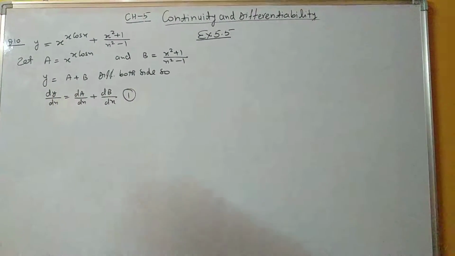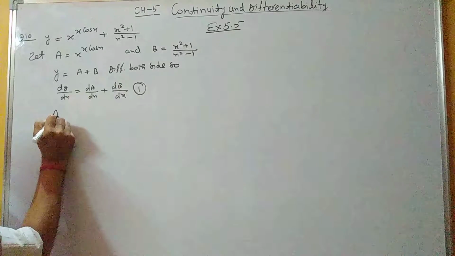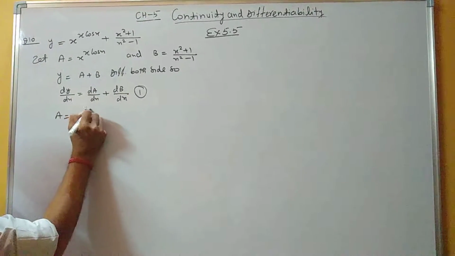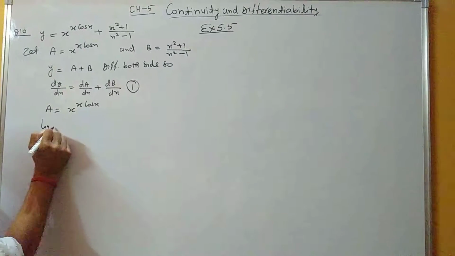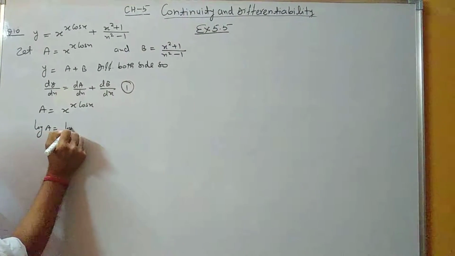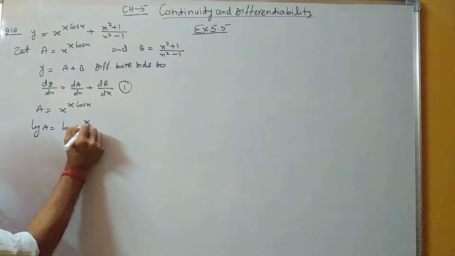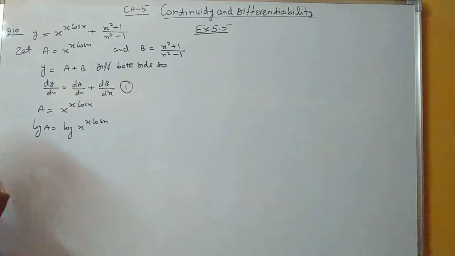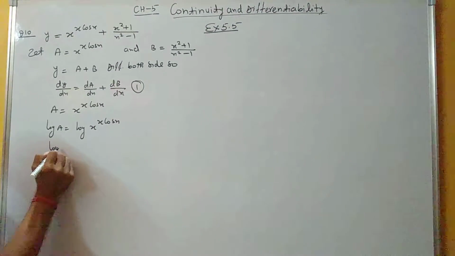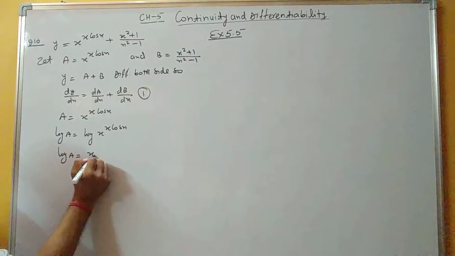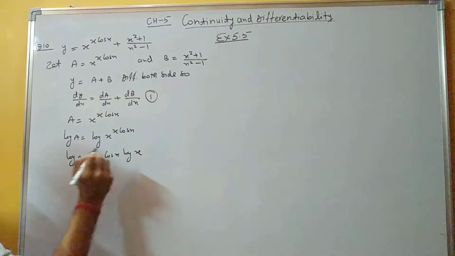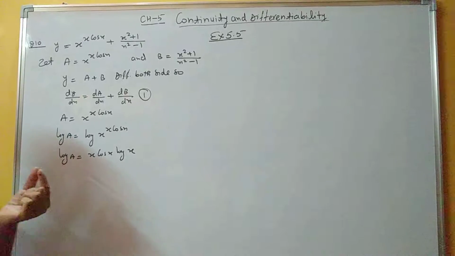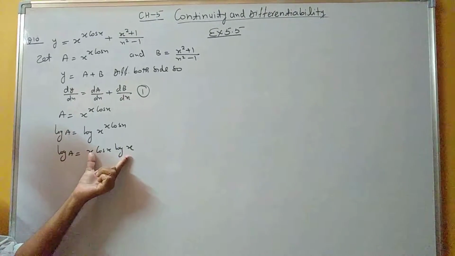By the substitution, we differentiate a is equal to x to the power x cos x. Taking log both sides, log a is equal to log x to the power x cos x. By the property of log, log a is equal to x cos x log x. You see that at that step, you have the three functions.